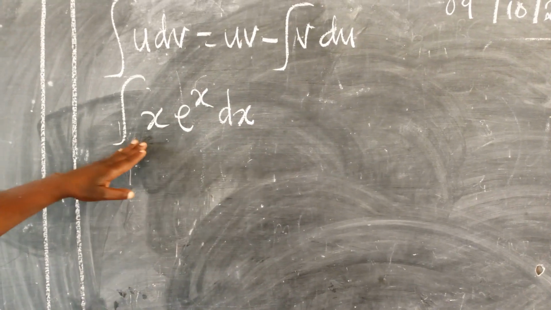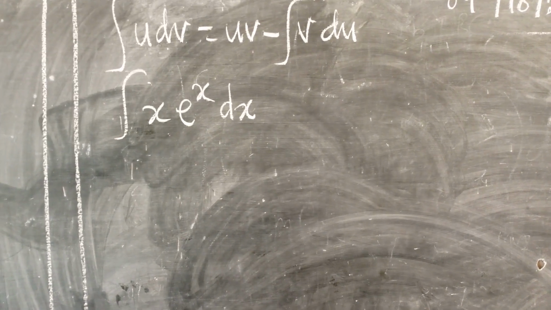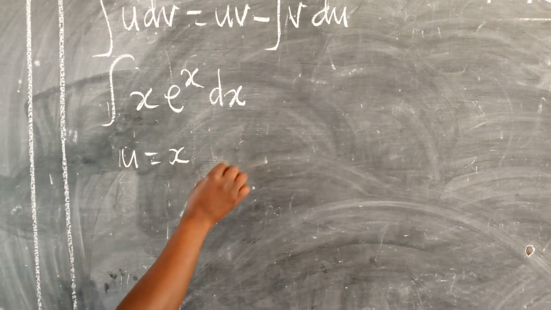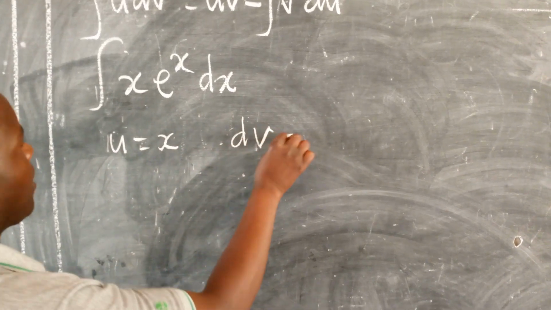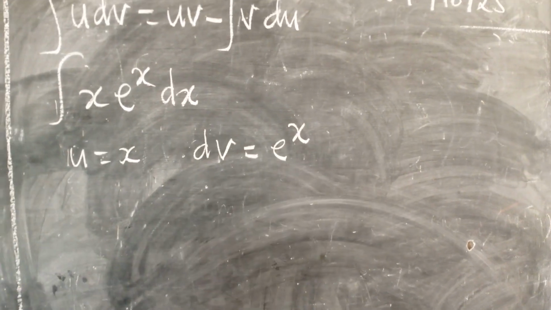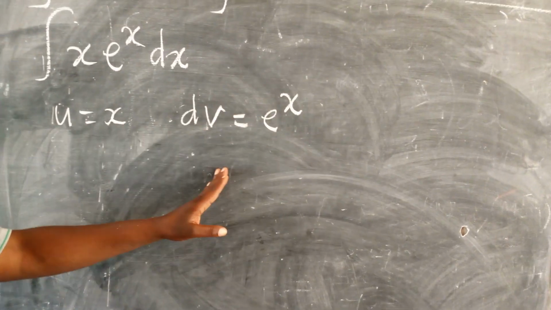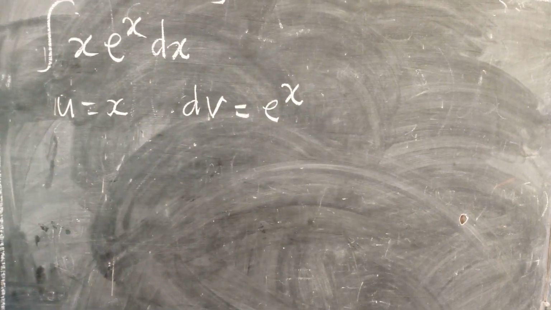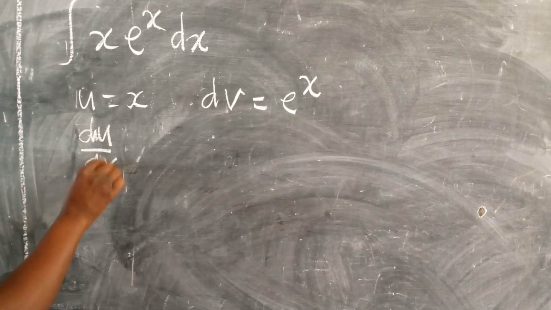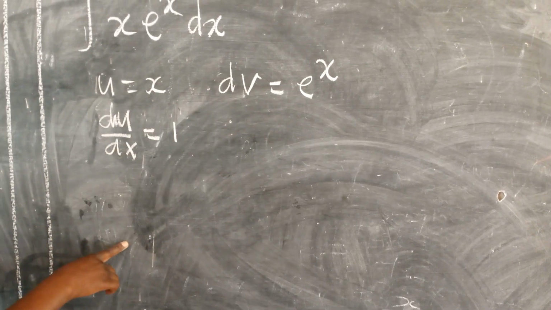You should understand that between the two, you are free to choose which one should be your u. So in my case, my u is equal to x, while my dv is e to the power x. This one here I'll be integrating, here I'll be differentiating. So I'll find du dx. du dx of this is 1.